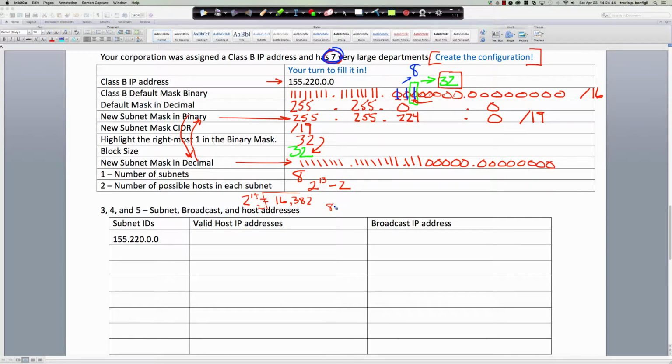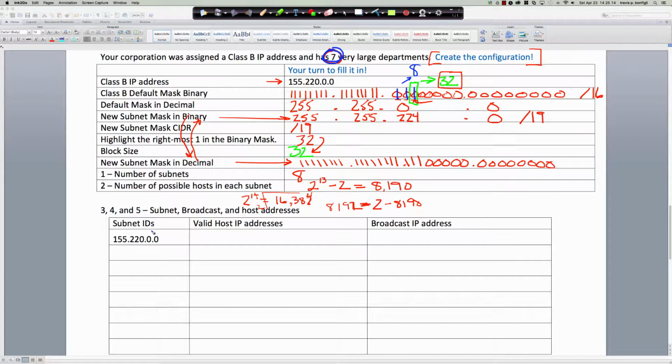So it should be 8192. Sorry, that's where I was wrong, it's 16,384. So 8192 minus 2 is equal to 8190. So we're going to have 8,190 possible host addresses per each of these 8 subnets.